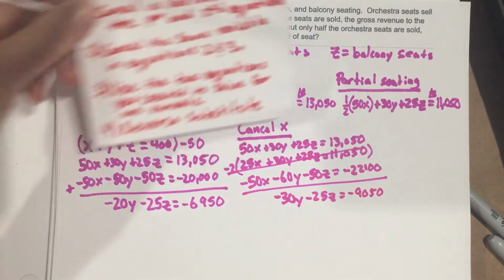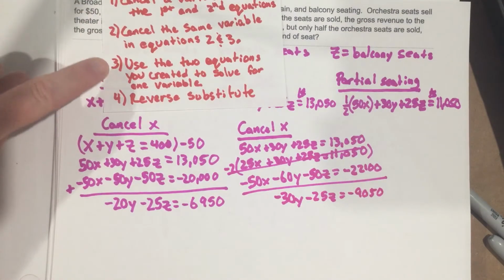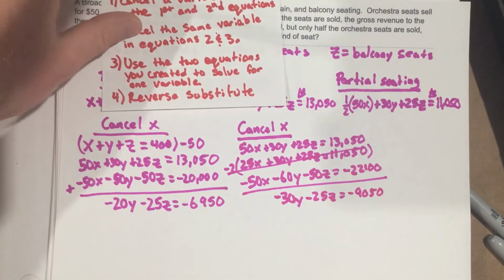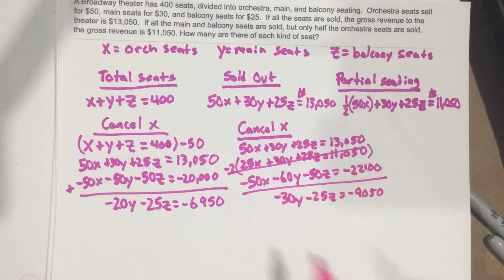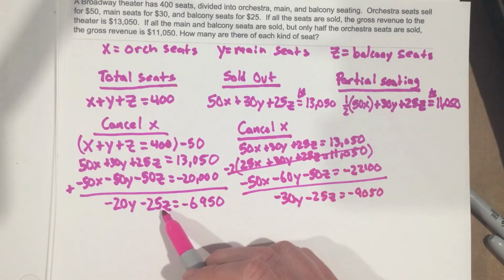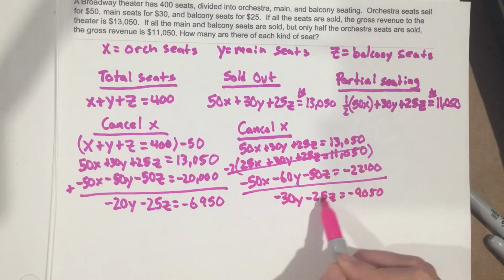Now we're on to step 3 here. Use the two equations you created to solve for one variable. So we're going to take this equation and this equation, and we're going to solve for one variable. I think the variable to solve for here is going to be Y. We're going to cancel the Z variables here.